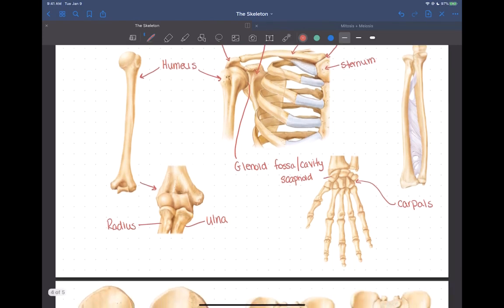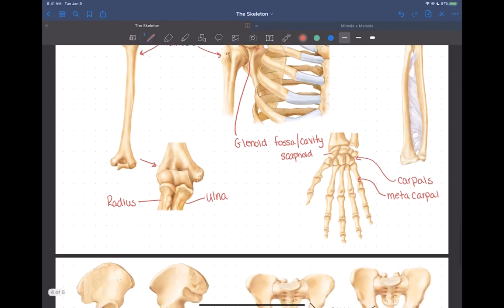Then we go from our carpal bones to our metacarpals. The carpal bones articulate distally with the metacarpals. That's these. Those make up the palm of your hand. When we are talking about a specific metacarpal, we use Roman numerals, and you always start with number 1 being the thumb.